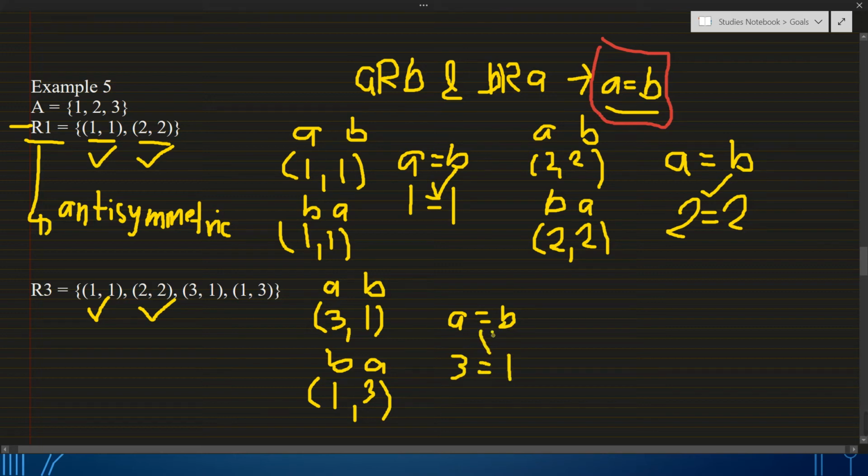No, they are not equal. We can say R3 is not antisymmetric.